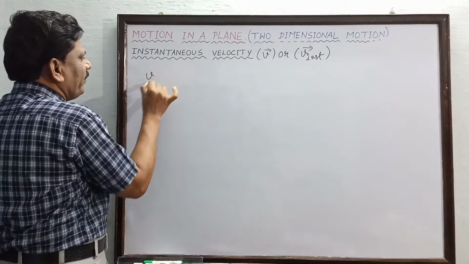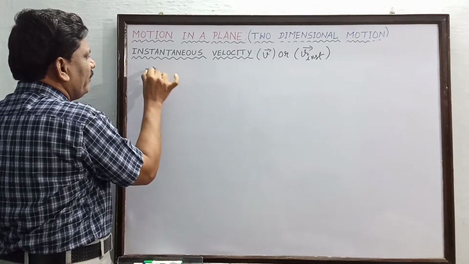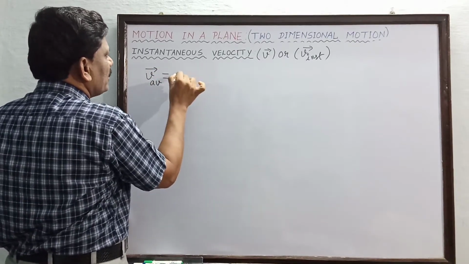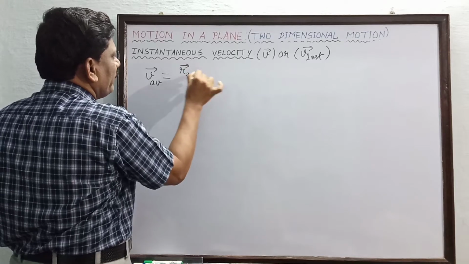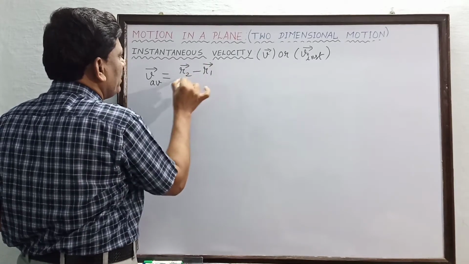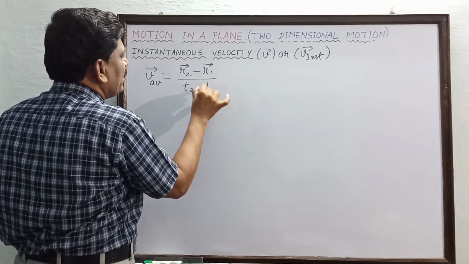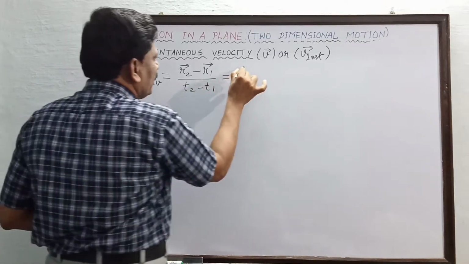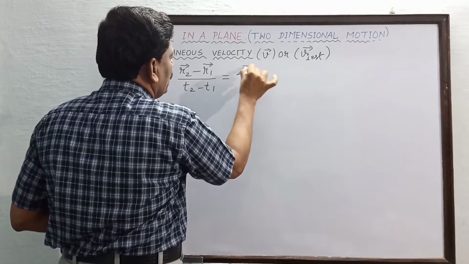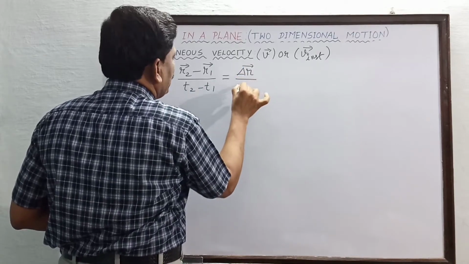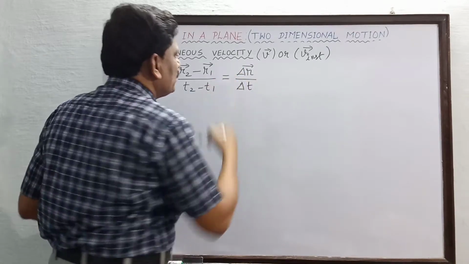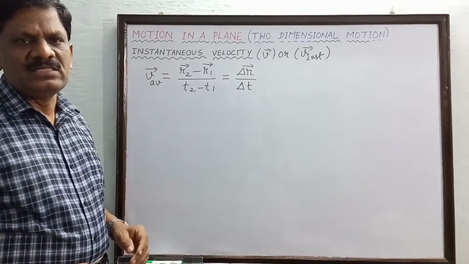So the average velocity is given by V average is equal to r2 vector minus r1 vector divided by t2 minus t1. So this is equal to delta r divided by delta t. So this is the average velocity.